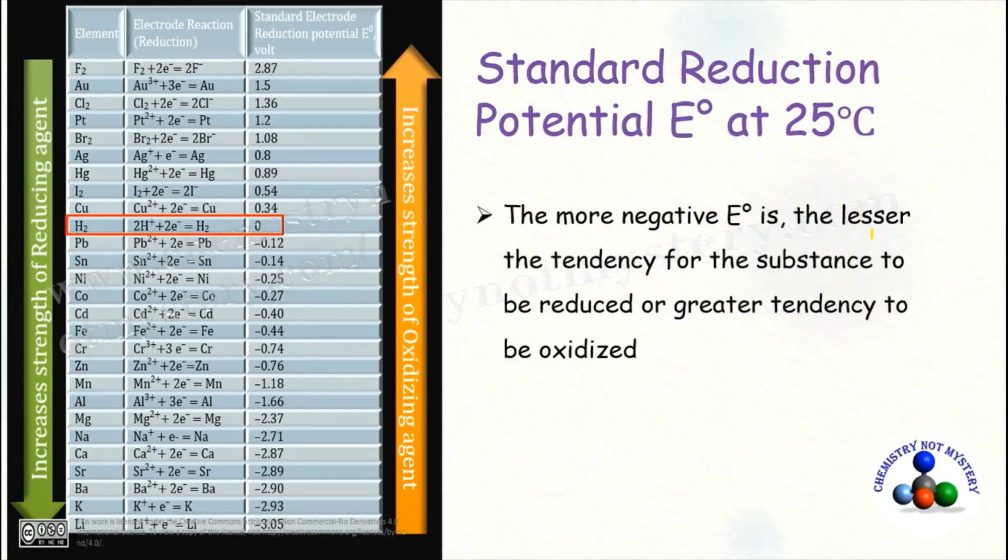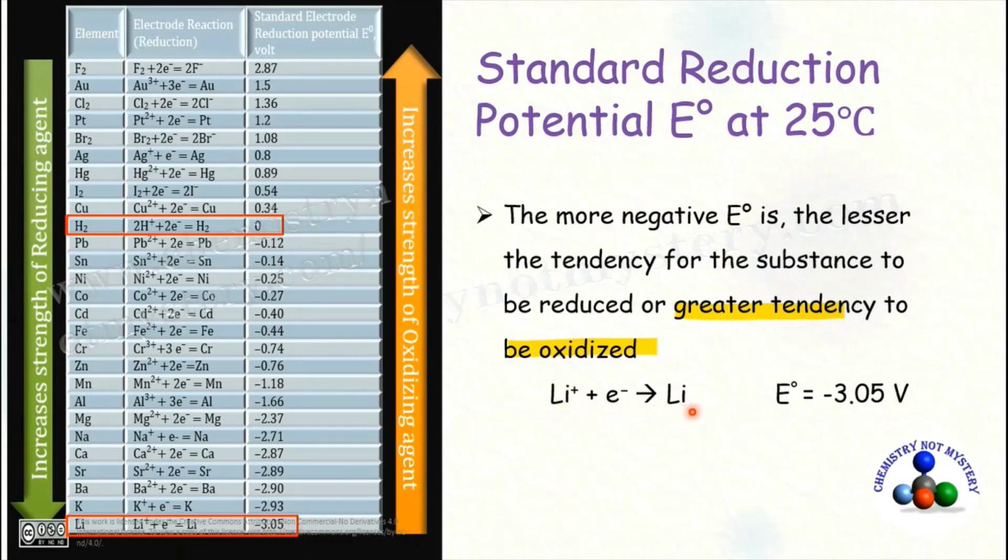More negative value means lesser tendency for the substance to be reduced, or it has greater tendency to be oxidized. When you observe in this table, lithium has the maximum negative value and it is minus 3.05. Here you will get the equation Li plus electron gives Li, and its value is minus 3.05 volt.